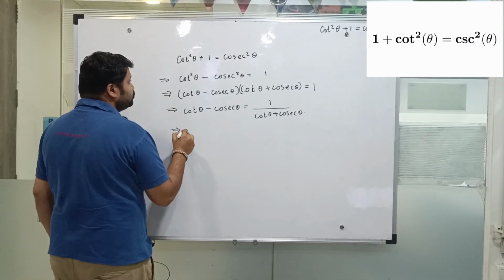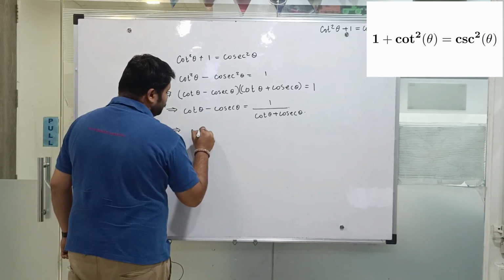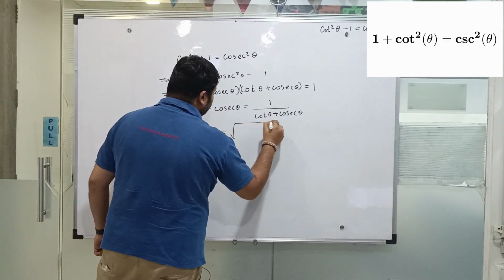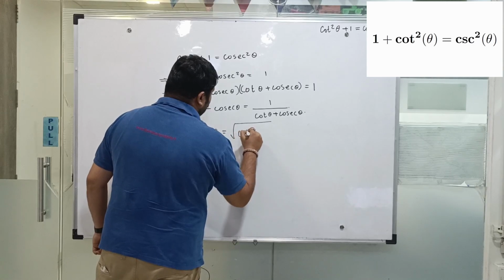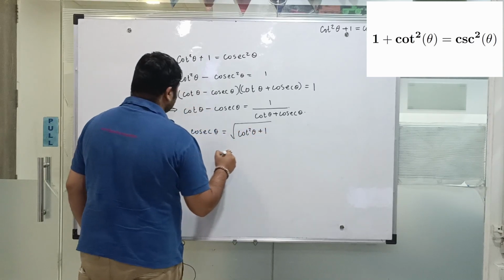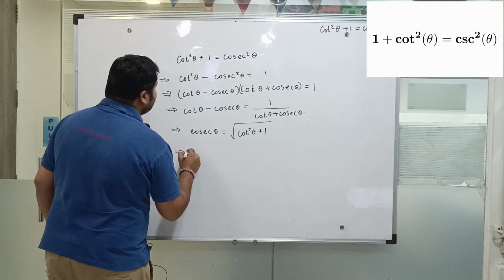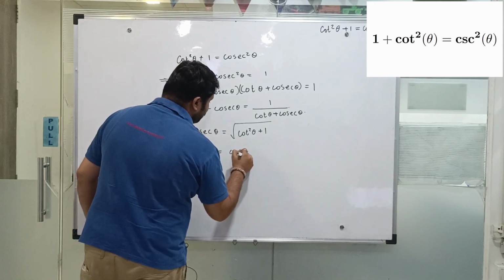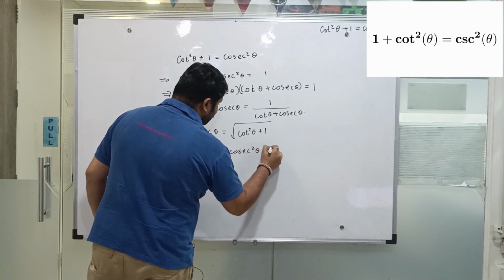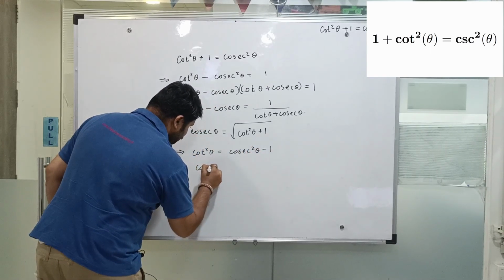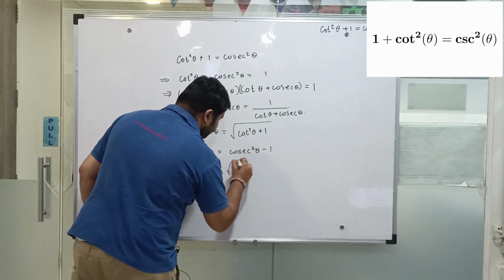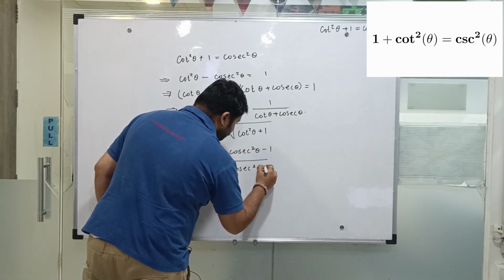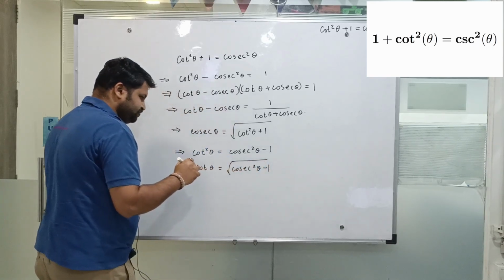Or we can also write cosec theta is equal to root of cot square theta plus 1. In the similar manner, we can write cot square theta is equal to cosec square theta minus 1, or cot theta is equal to root of cosec square theta minus 1.